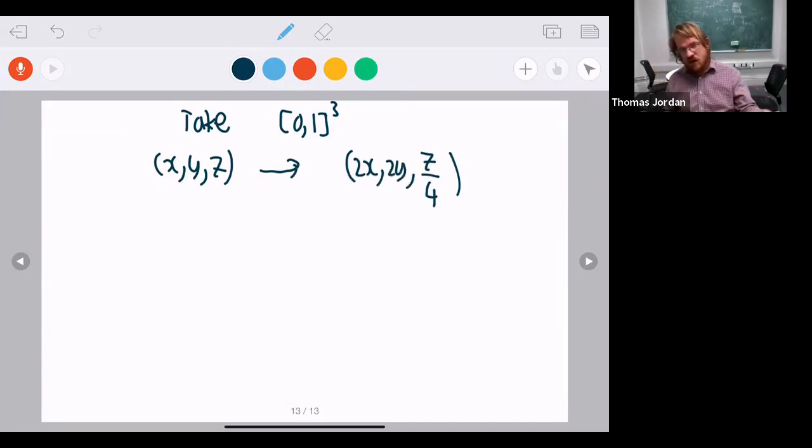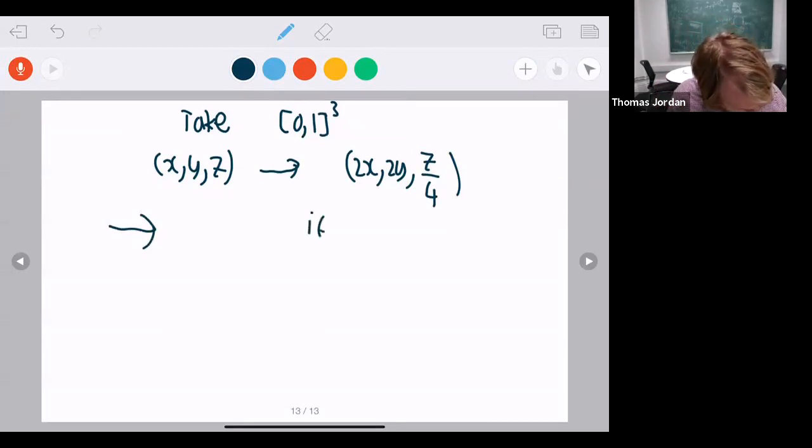Of course, that's now no longer contained inside the unit cube. To get back there, we then needed to fold. So how did the folding work?